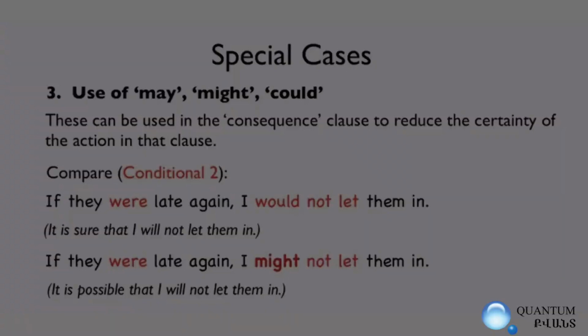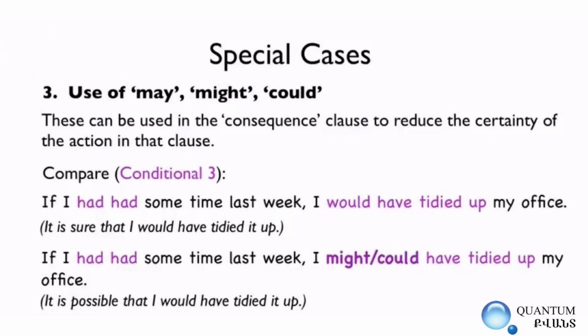Let's see them in conditional 3, or third conditional. So, if I had had some time last week, I would have tidied up my office. It means that it's sure that I would have tidied it up if I had time last week. And now, in this example, if I had had some time last week, I might or I could have tidied up my office.